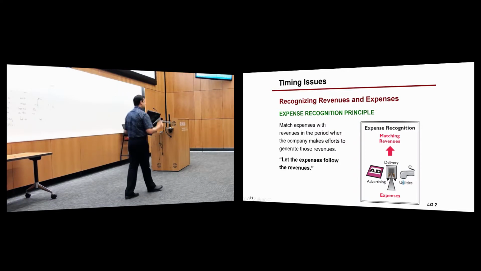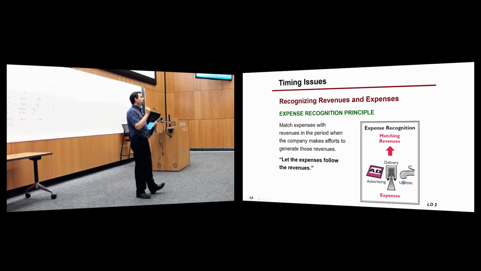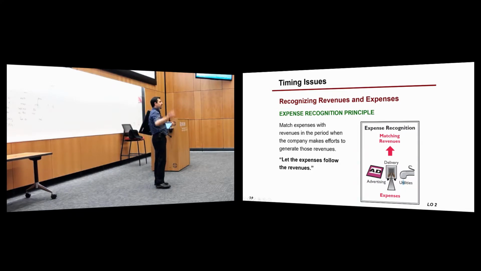Sometimes they also call it the matching principle. Why is that? Because companies are expected to match expenses with the revenues that were generated in the same period as those expenses. For example, they will have to match the utilities and the cost of maintenance of this room with the tuition fees that they received from you for this same class.